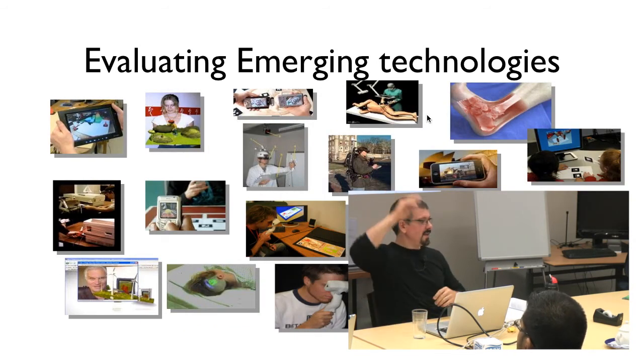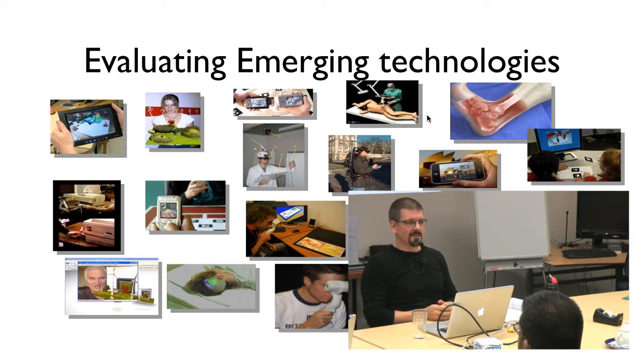As you see here, there are all kinds of different interfaces. So what would be a set of common design guidelines that would serve all those different interface implementations?